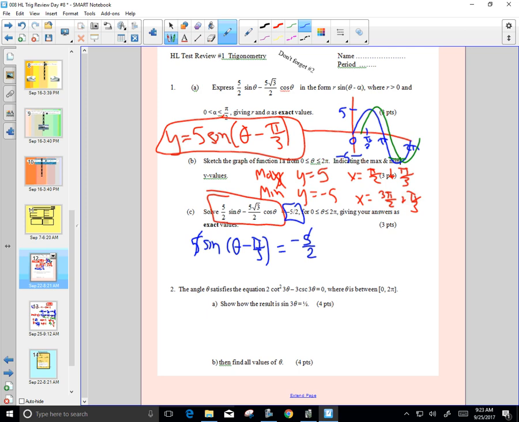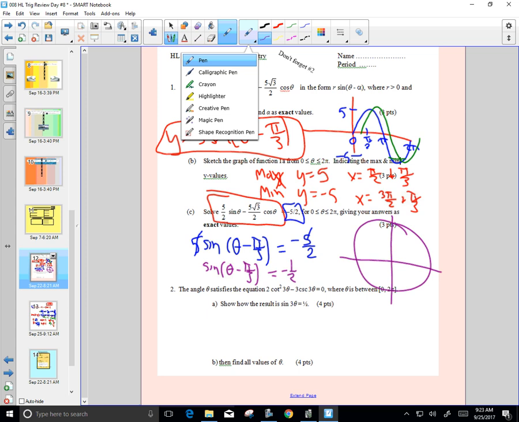Divide by 5. And so now all you have to do is sine of theta minus pi over 3 is equal to negative 1/2. Love it. Draw my unit circle. Sine is the y. Y is negative 1/2.